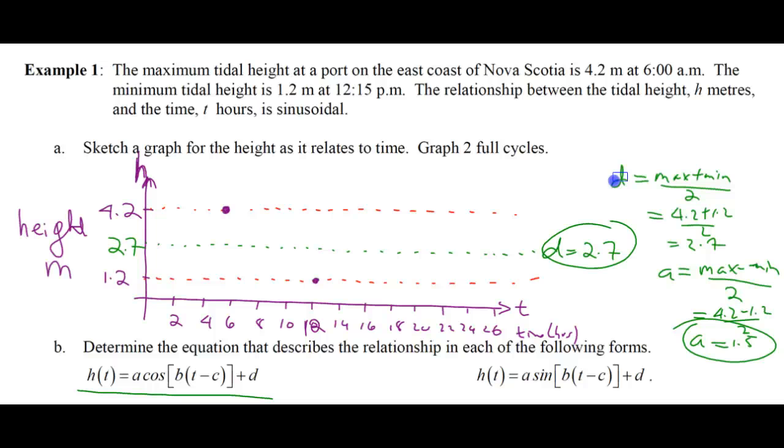So how long is it going to take to get back up to the top? 6 hours and 15 minutes. That's going to be 18 and a half. So you go 18.5 and 4.2. This is 6 and 4.2. And this guy here is 12.25 and 1.2. And what did we want? 2 cycles? So then, what happened 6 hours ago?